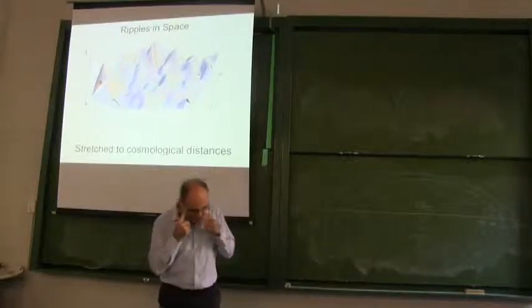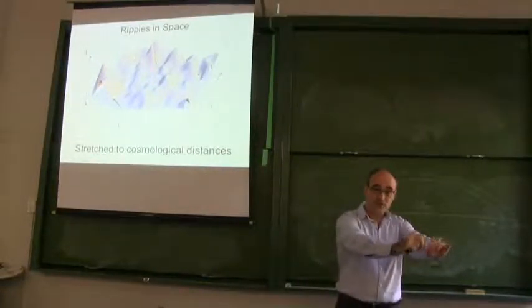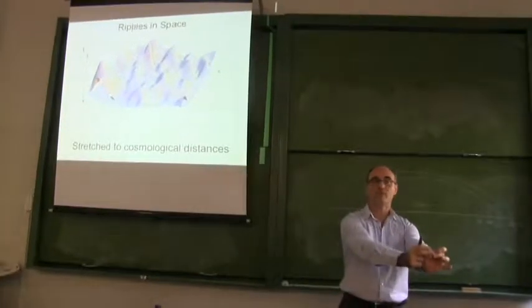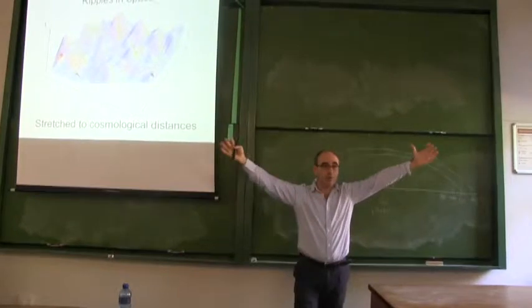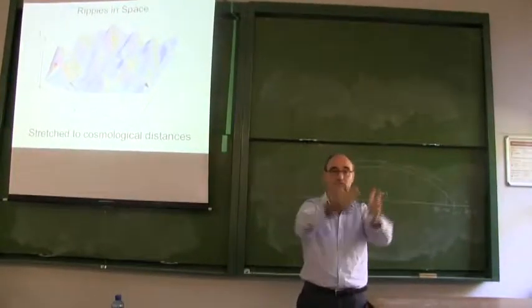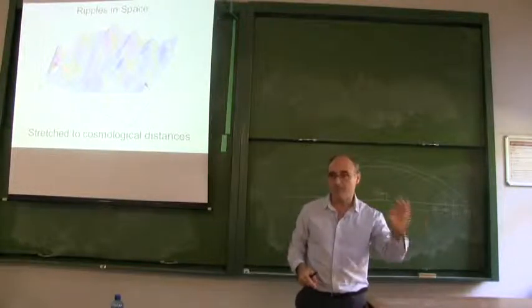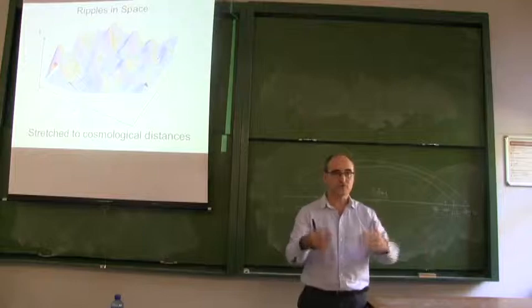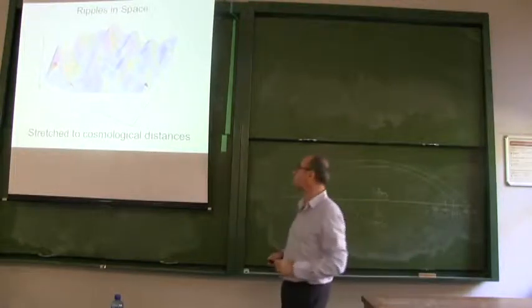So the picture that we have is that inflation has been able to take quantum fluctuations which were tiny, well within the horizon, and stretch them out to cosmological scales. So what we are observing on the CMB on our larger scales is actually nothing but quantum fluctuations that started out being very tiny, very small amplitude, well within the horizon. The usual quantum fluctuations that we observe in particle accelerators.